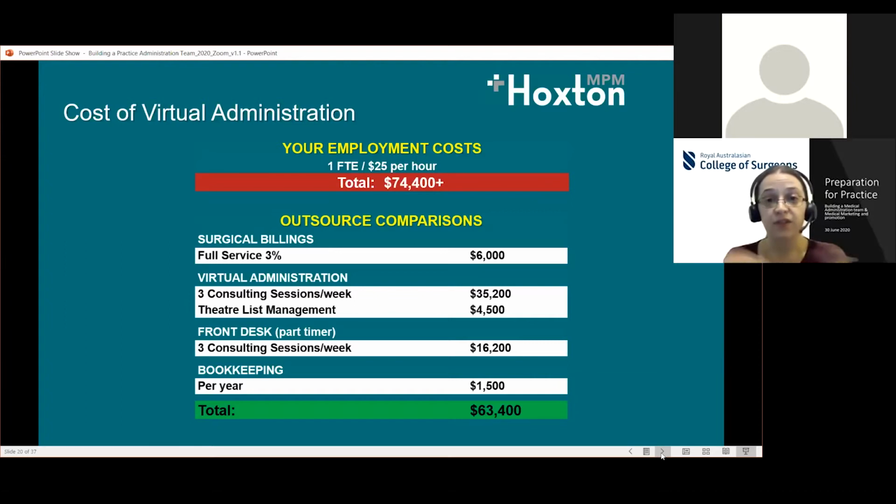And that for your surgical billings could be around, say, 6 grand a year. This is based on a surgeon working 3 consulting sessions a week. So you can have your phones answered Monday to Friday, 9 to 5 for about 35 grand a year. Theatre list management, looking after all of the coordination of the hospitals, the anaesthetists, confirming with the patients, doing your informed financial consent, all of those things, 4.5 grand.